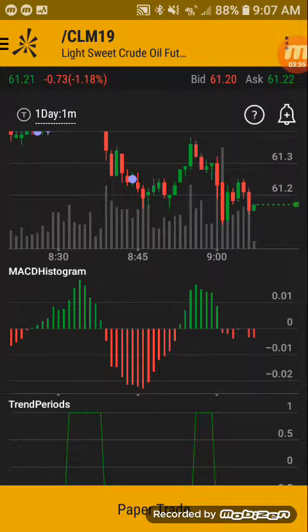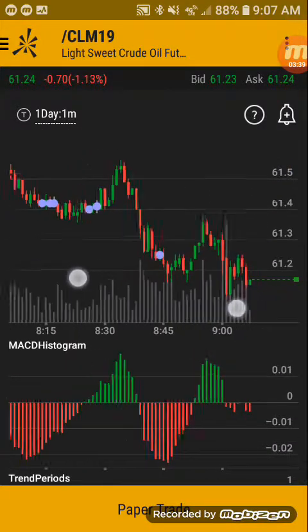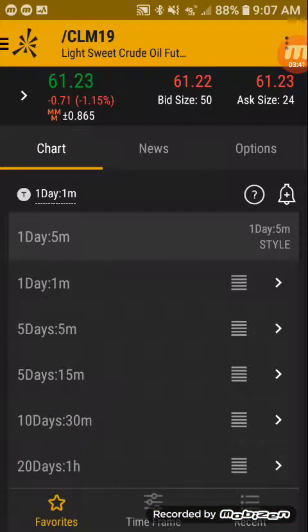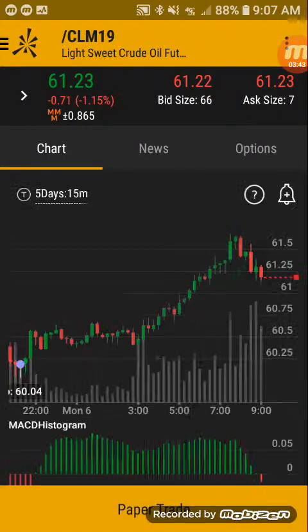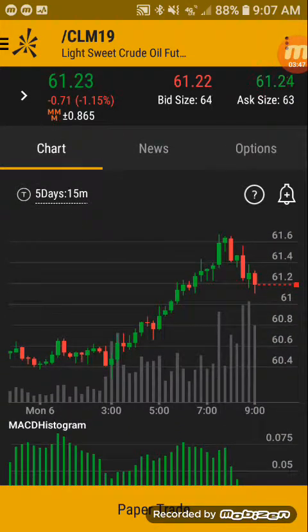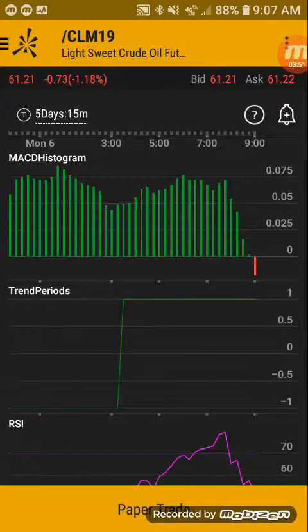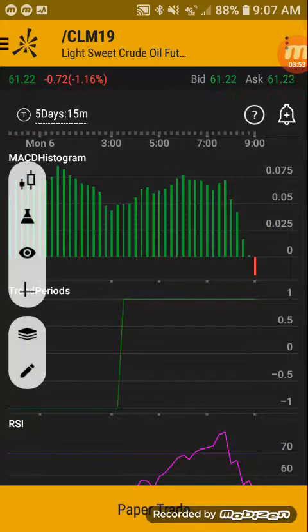Now typically before I go short, I like to wait for a rally. So I'm trying to get a feel for what's going on in the market. And right now it looks like it dropped a good bit. See, the MACD histogram is below the 0 line.